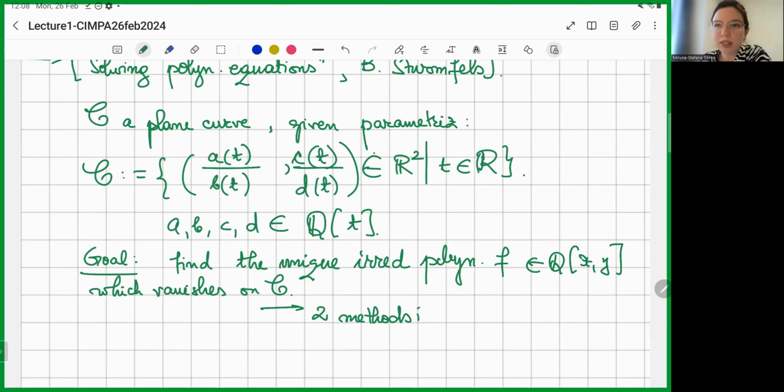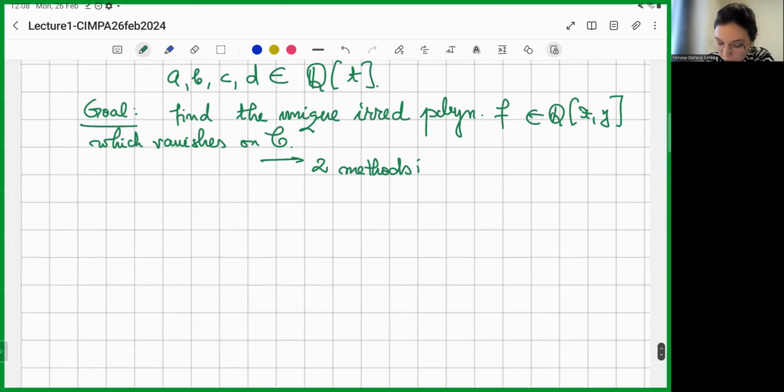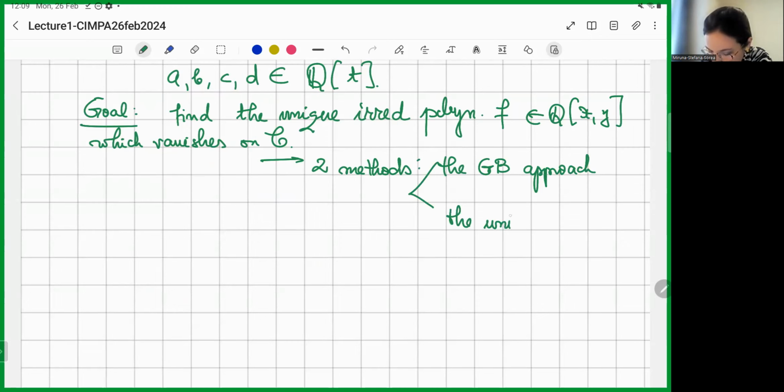I insist with this first lecture, even maybe it's known, the theory is known, but I want to make sure that these computations are known, because I encountered very often in solving polynomial dynamical systems, this approach is very useful in many projects. So the first one, the Gröbner basis approach, we'll see, and the second one is the univariate resultant approach.